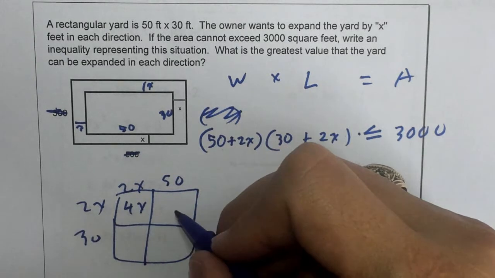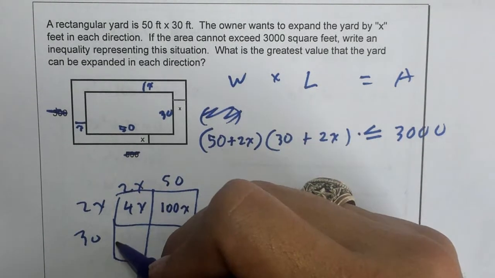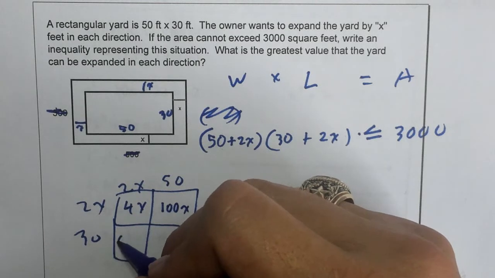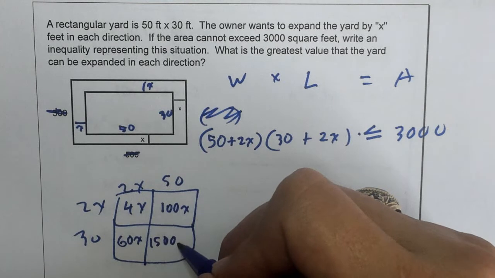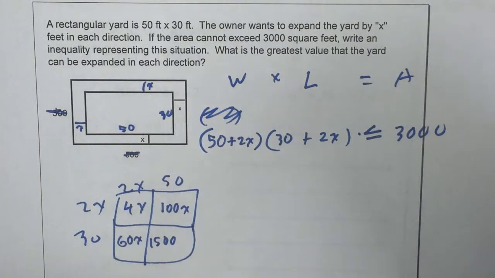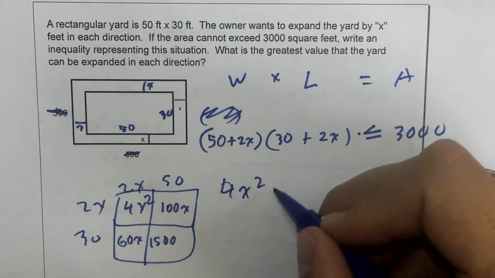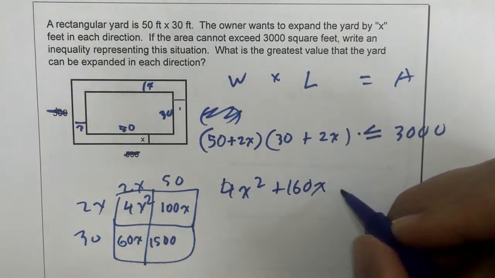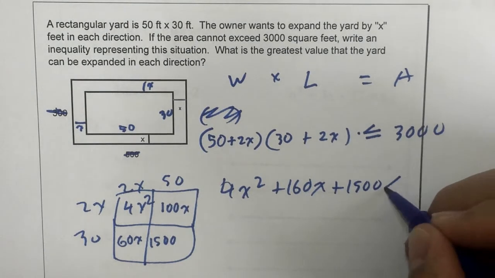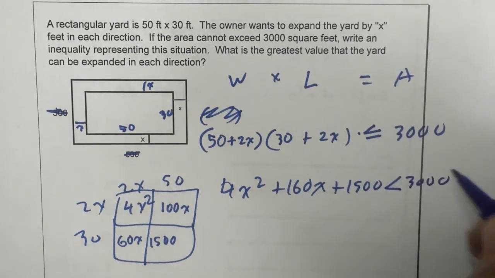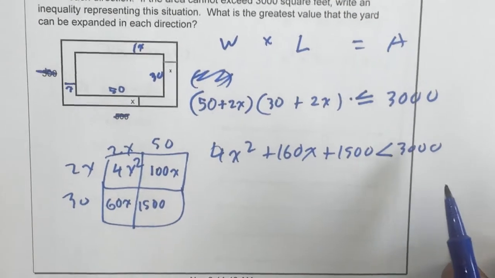So we have 4x squared, we have 100x, we have 60x, and 1500. So we have 4x squared plus 160x plus 1500 is less than or equal to 3,000. So there's the inequality I would need to use.